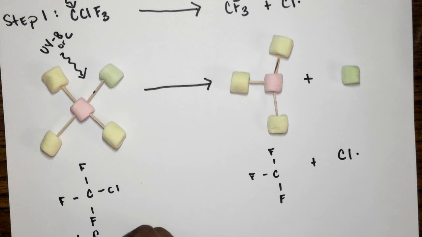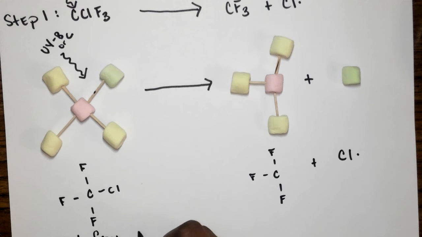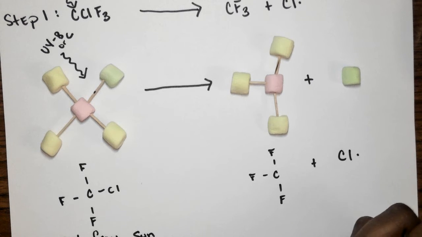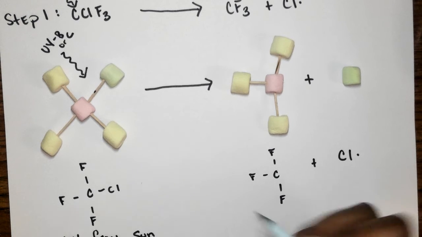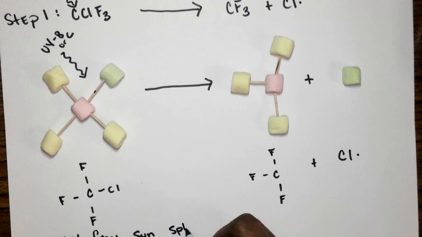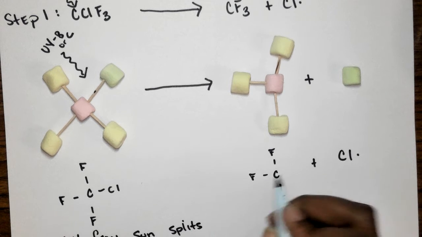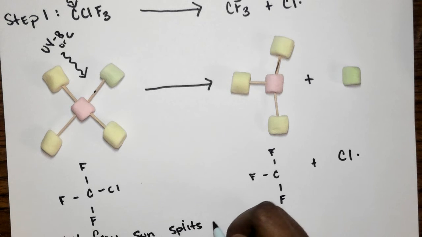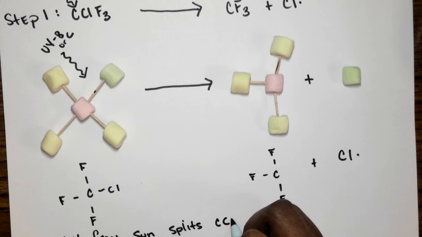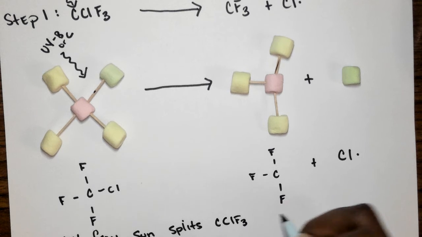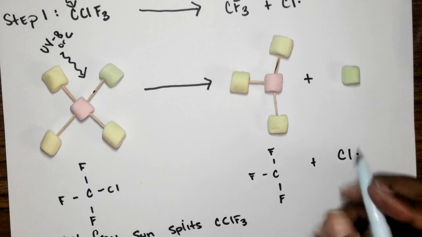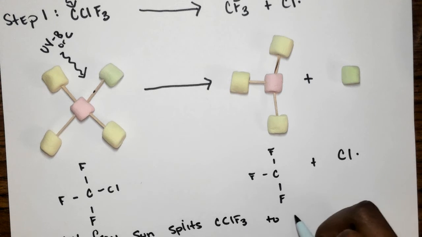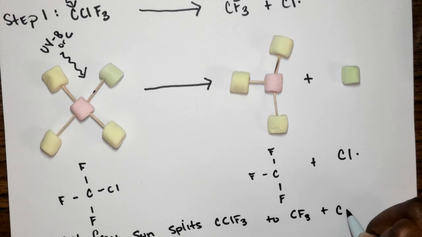UV from the sun splits your chlorofluorocarbon to CF3 plus Cl.